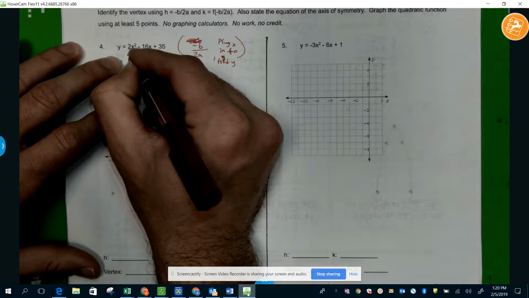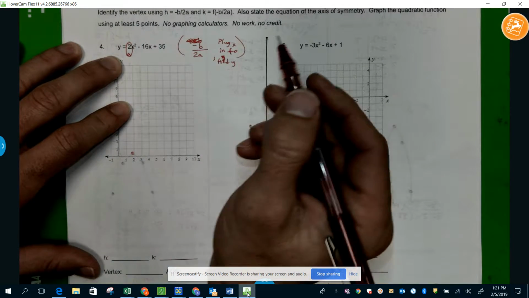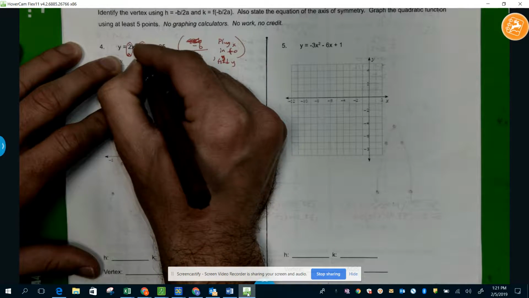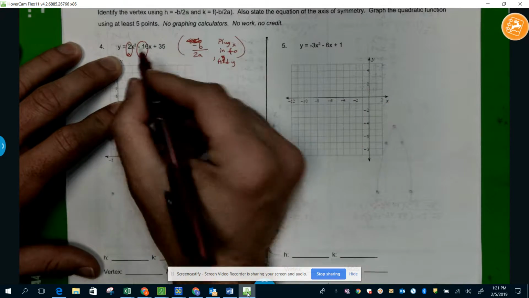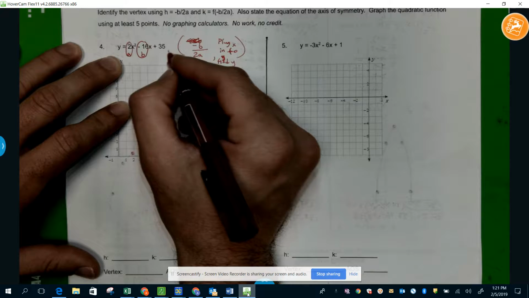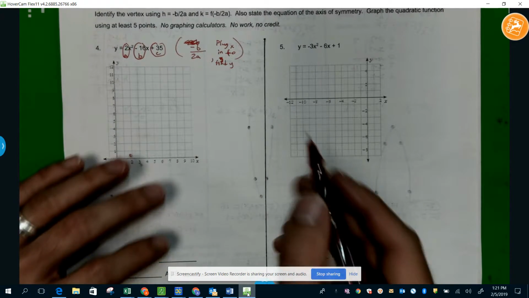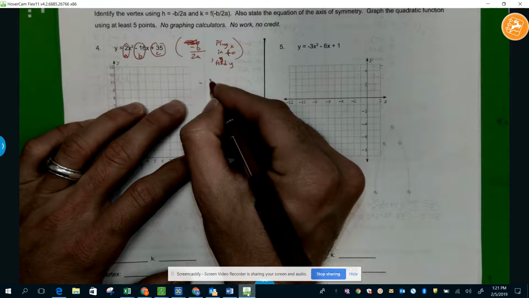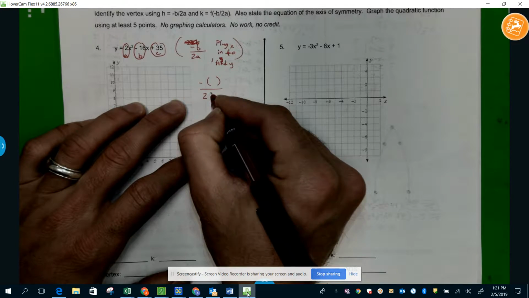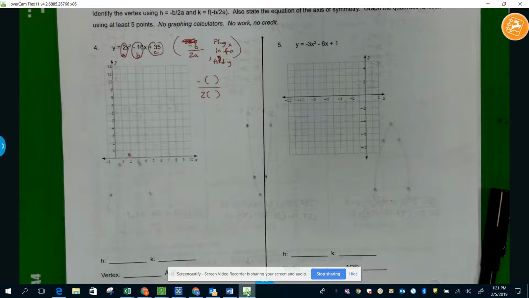All right, so my a value here, the coefficient attached to the x squared, is 2. The b value, the coefficient attached to the x, is negative 16. And the c value, which we're not going to use here, is 35. So if we're going to go negative b over 2a, make sure you're using parentheses.